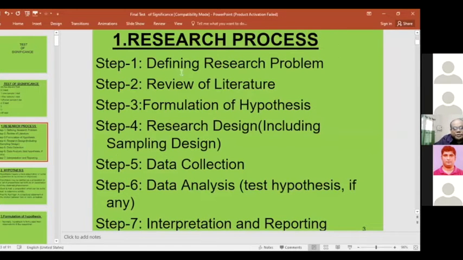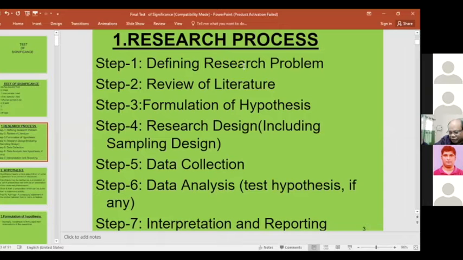In the research process, first you have to identify the problem. Once you identify the problem clearly, the rest of the work is easy. When you identify the research problem, it should indicate the variable to be used, the population to be used, and the type of research to be followed. A clearly defined research problem indicates the variable. Are you going to measure anxiety? Are you going to study stress?